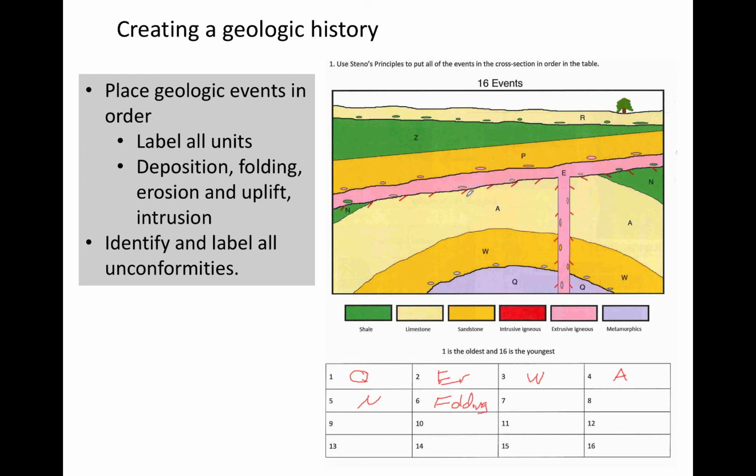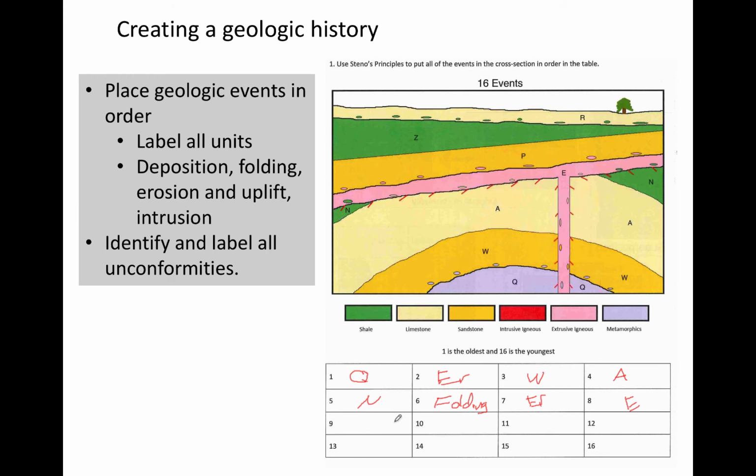Seven will be erosion again, because we have inclusions in E. So we have erosion here. Now we're up to 8, and we have intrusion of E, so E comes in and intrudes as a magma. At 9, we have a process that you might not have known to include.